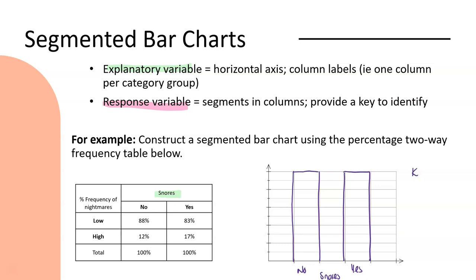So we're going to have a key and use two different identifiers to show our low and our high nightmare frequency. Before we can draw these in, we also need to add our vertical scale on the left-hand side, making sure we've got enough room to go up to 100.